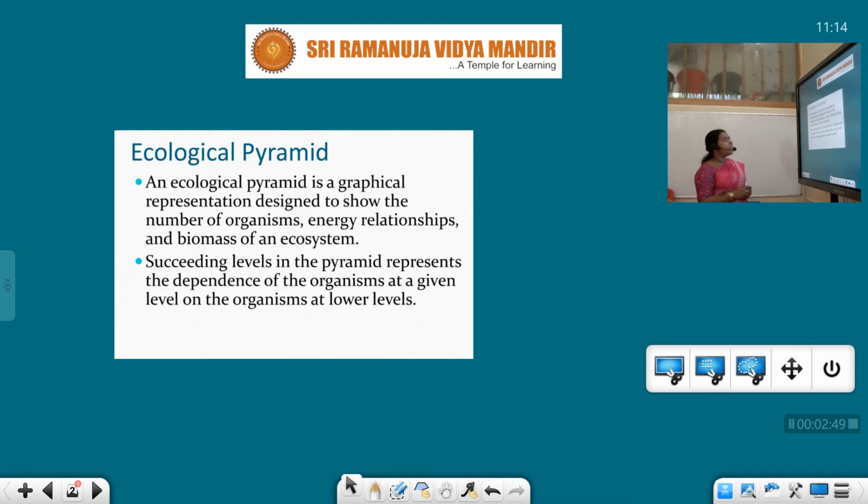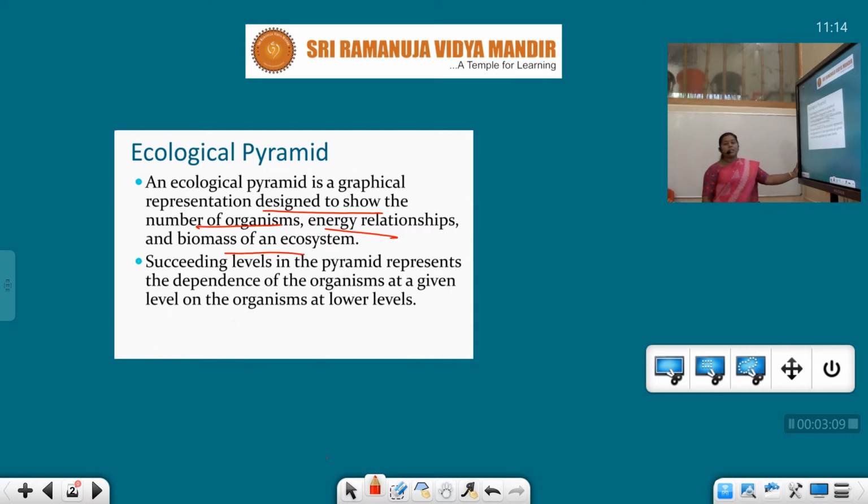First, students, an ecological pyramid is a graphical representation designed to show the number of organisms, energy relationships and biomass of an ecosystem. Very important line, students.